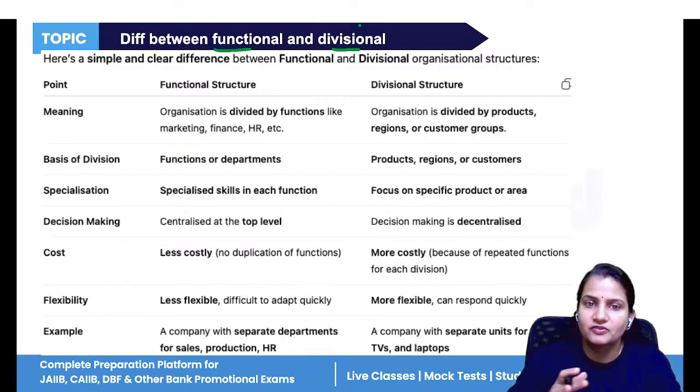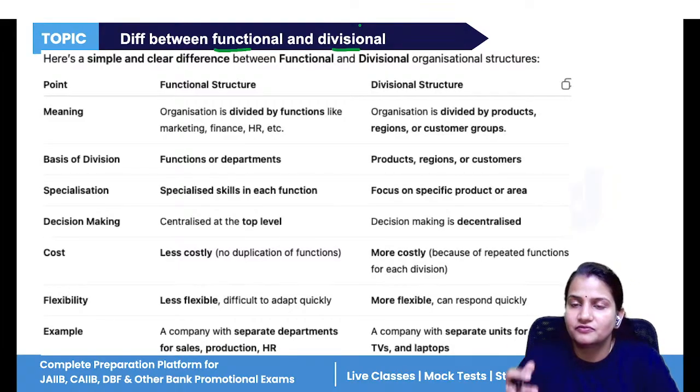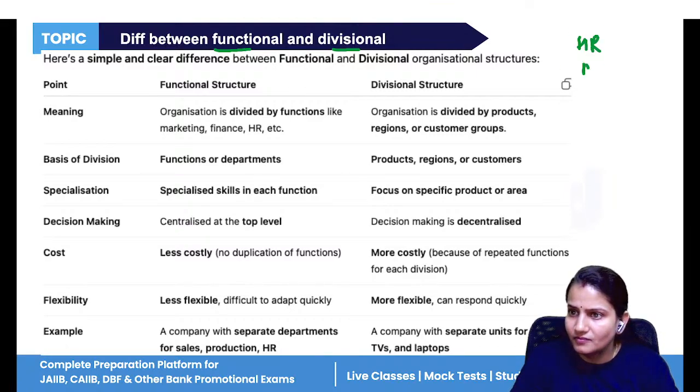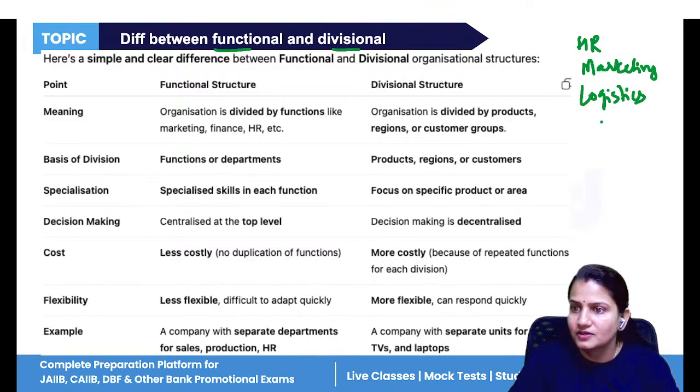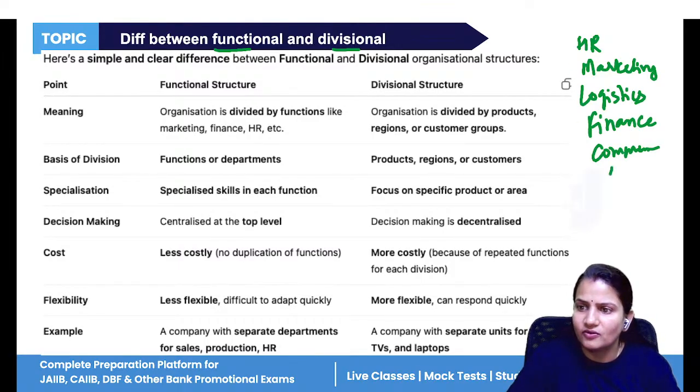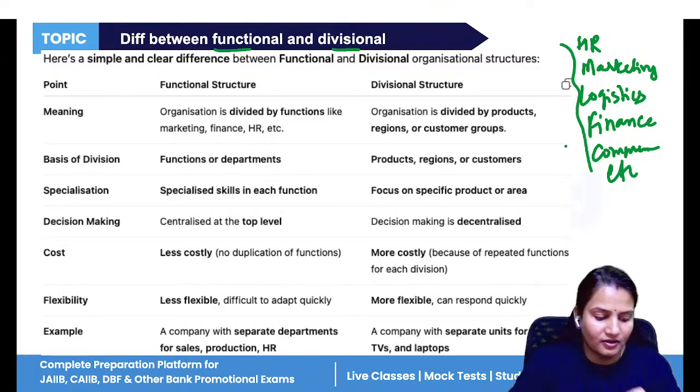What is the difference between them? Functional means activities are divided on the basis of different functions, means different departments. Like in a company, we have HR department, marketing department, logistics department, finance department, communication department, etc. So different departments are there in the organization.